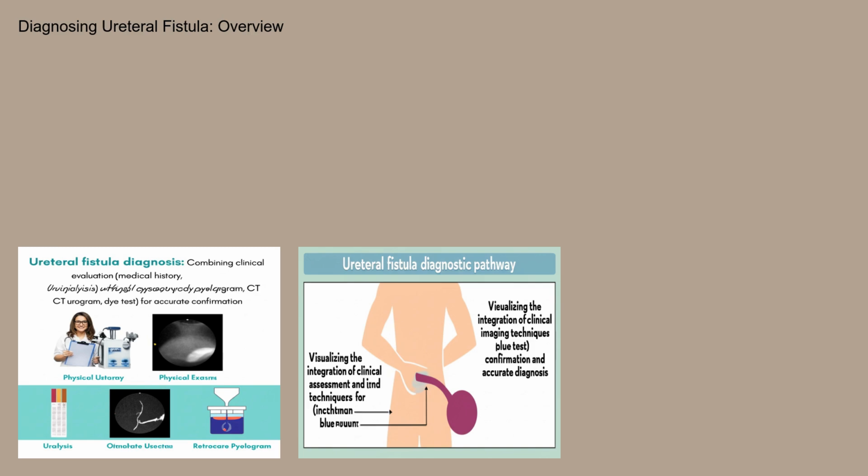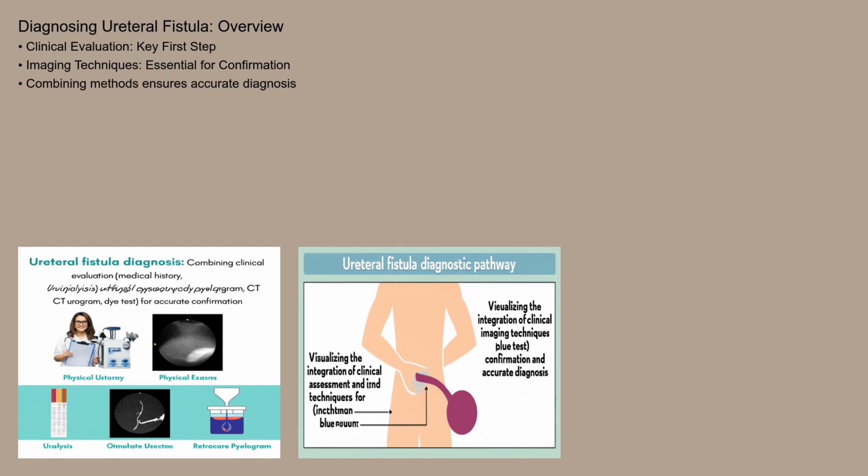Diagnosing a ureteral fistula requires a thorough clinical evaluation and a combination of imaging techniques. Initial assessment often involves a physical examination and a detailed medical history, focusing on prior surgeries, trauma, or underlying medical conditions. A urinalysis may reveal signs of infection or blood. Imaging studies play a crucial role. A cystoscopy, which involves inserting a small camera into the bladder, can help visualize the ureteral orifices and identify any abnormal openings.